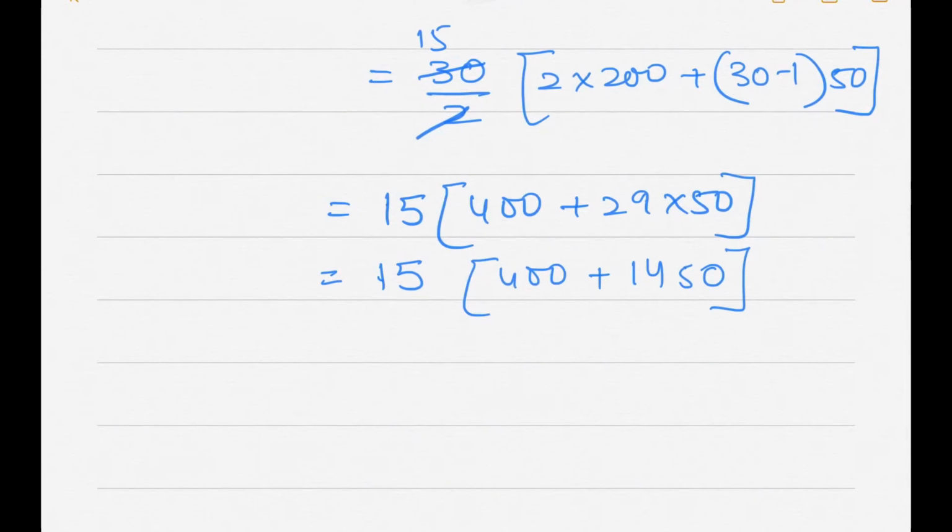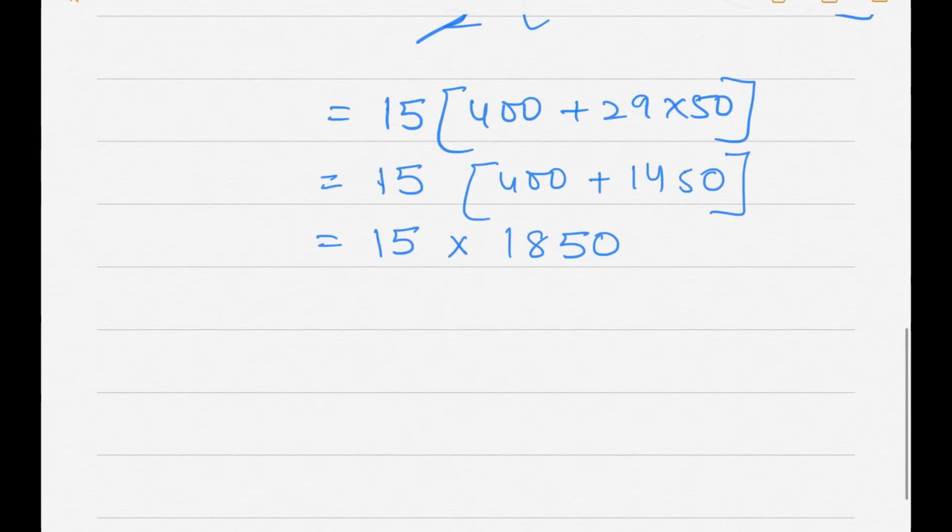Okay, so now this is equal to 15 into how much? 1850. Then I have to multiply by 15, so 27,750. So this much rupees he has to pay as penalty, right?